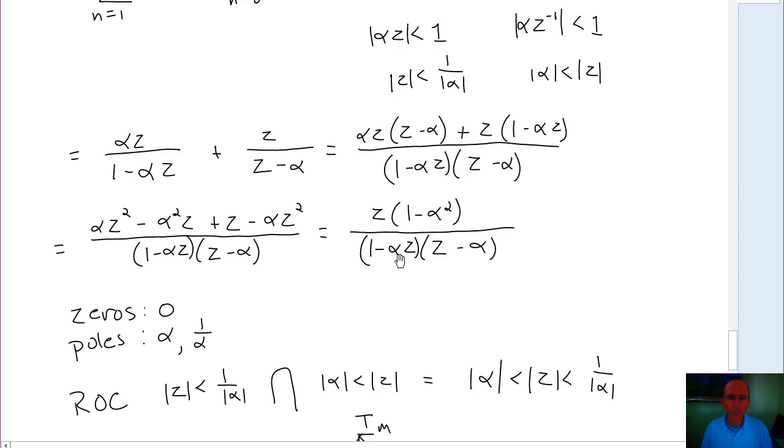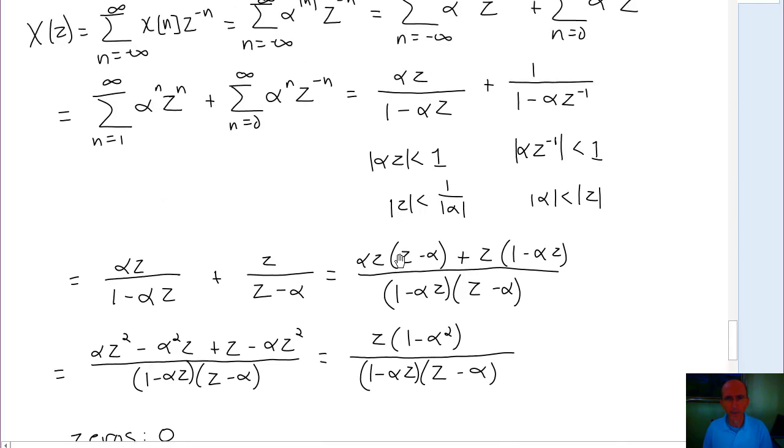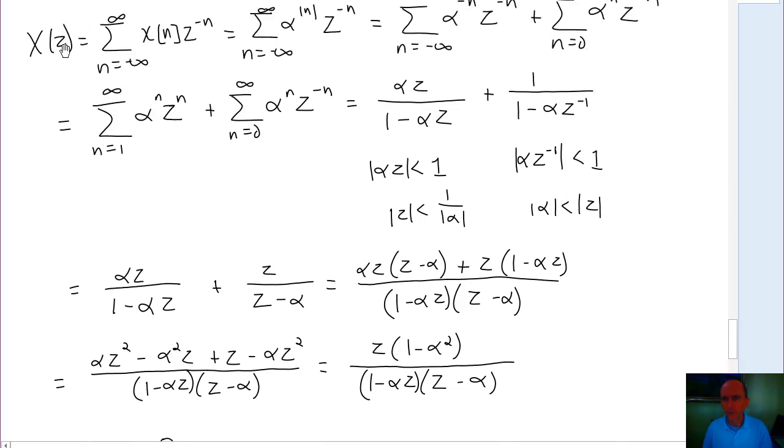Now, how do we find the region of convergence? For x of z not to be infinite, we need both of these infinite sums to be finite. If one of them goes to infinity, x of z is infinite. And so we need both of them to converge.